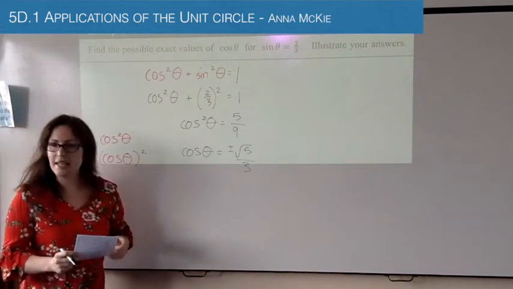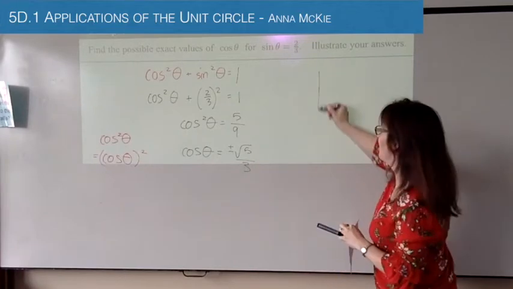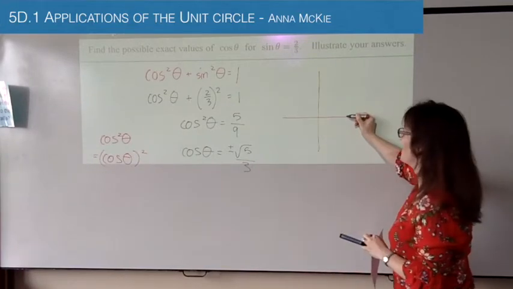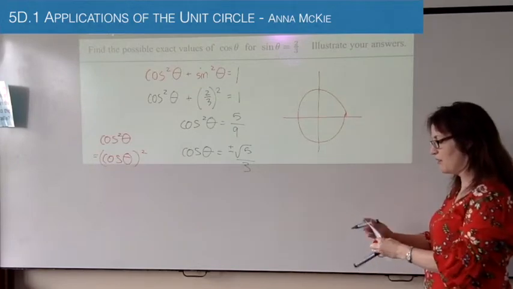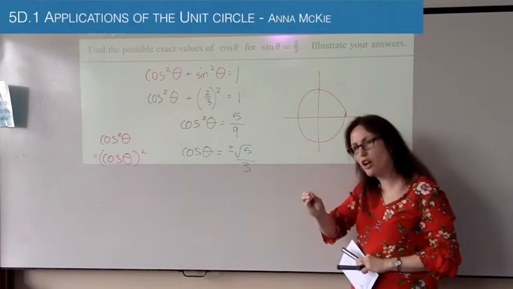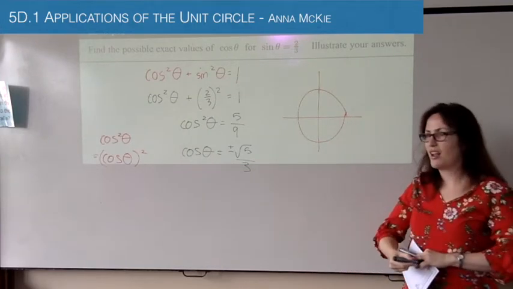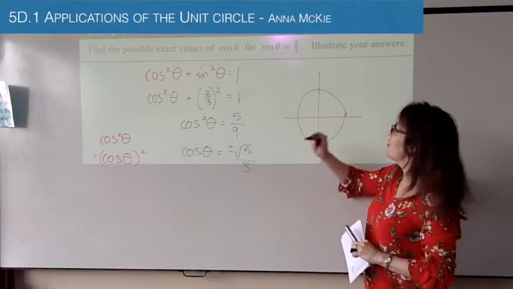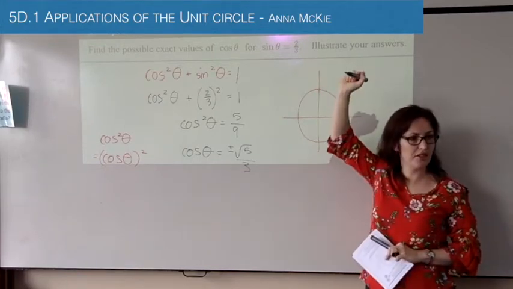And it does say to illustrate our answers. So what that means is to draw a unit circle. You'll have so much practice at this over this topic. So we're drawing it there. Let's start with the sine is 2/3. Now sine relates to which part? The x or the y? The y. So if y is 2/3, is it positive or negative 2/3?